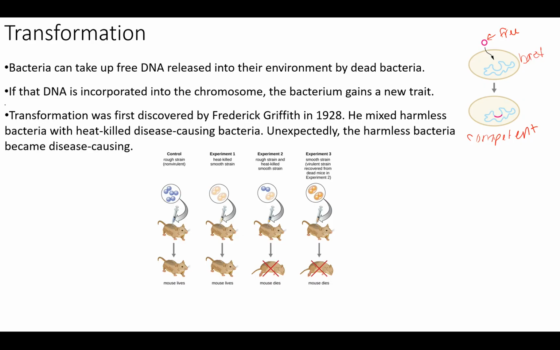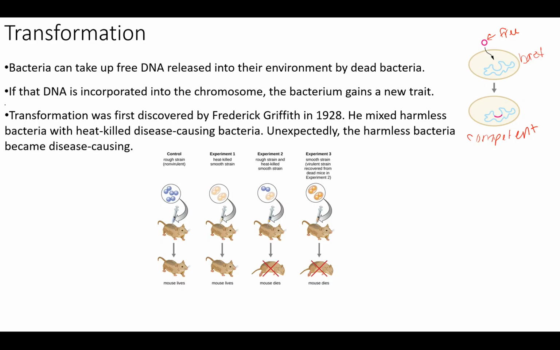Let's look at the picture just to make sure that we understand what's happening. We had our control setup where the mouse was exposed to the R strain, which was non-virulent. It lived, happy go lucky mouse, no problem.